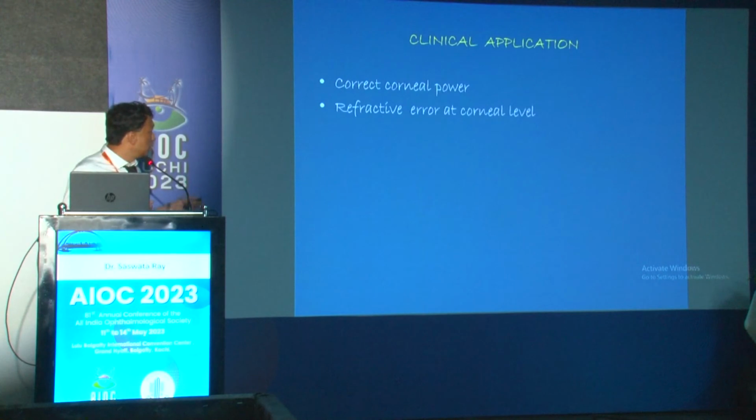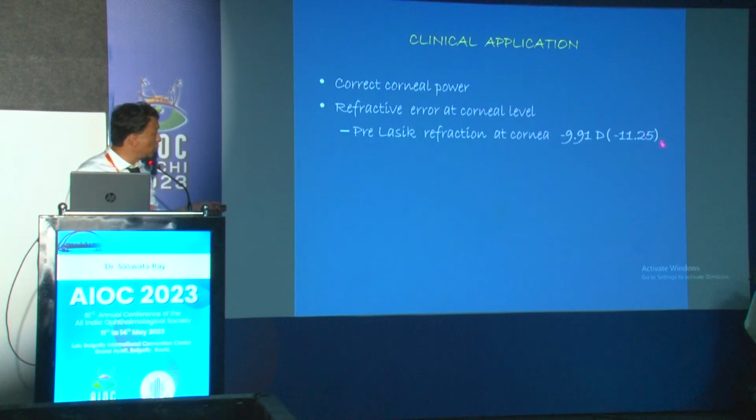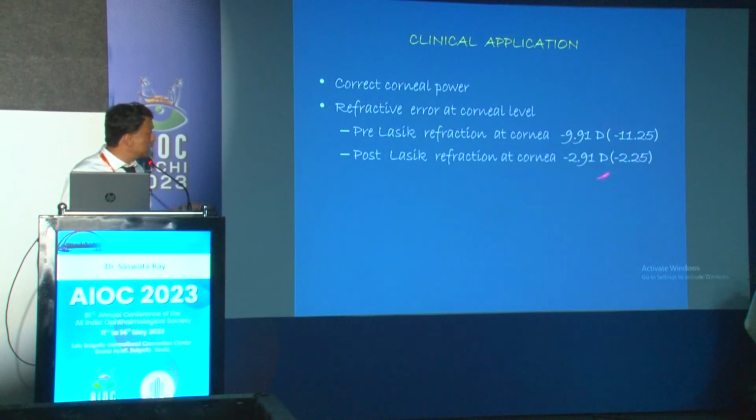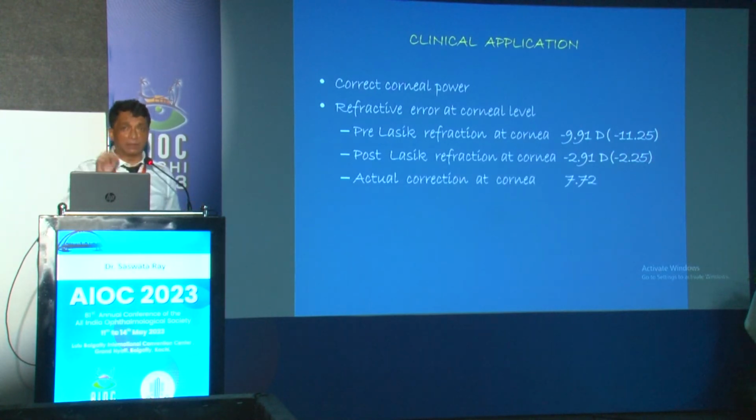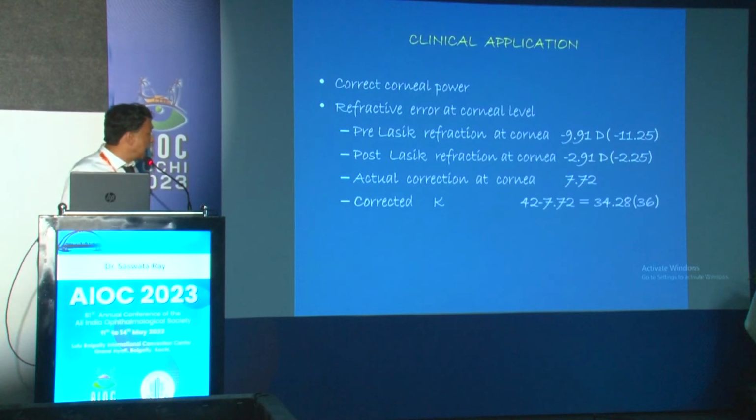The corrected corneal power, not the refractive correction but at the corneal level, is not 11.25, it's 9.91, applying various formulas. Post-LASIK is 2.9, not 2.25, but 2.91. So we have a difference of 7.72 at the corneal level. So that's completely different. And the corrected K is 42 minus 7.72, which is 34.2, which is not the same as 36, which was assumed before.